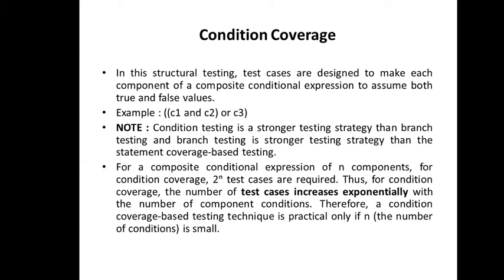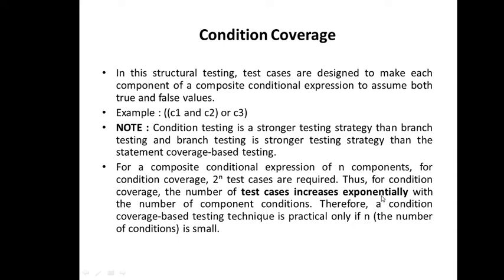So in this case, the value of n, the number of components, is just 3. So we find 2 to the power n test cases are required to be developed. So it's a smaller value. But as n increases in a practical problem, you will find components are many, hundreds of components will be there. So how many test cases do we need to design?